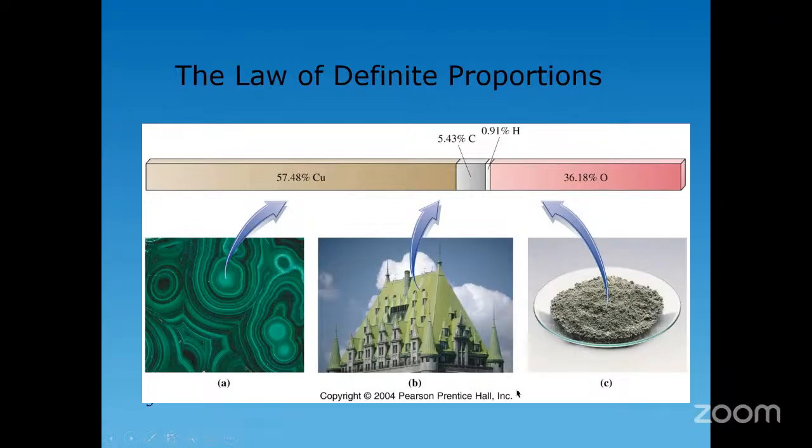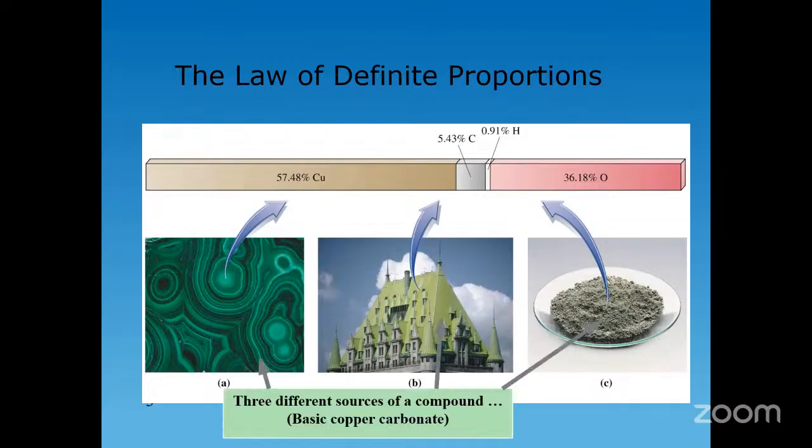In any case, what they're saying here is that wherever you find this compound, the percentage of carbon, copper, hydrogen, and oxygen is fixed, all right? And that is true for compounds; the proportions are the same. If you get 2 samples of the same compound and they have the same proportions of the different elements, that is to be expected because that's what the law of definite proportions says, all right?